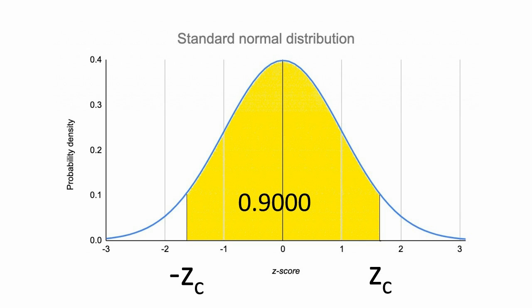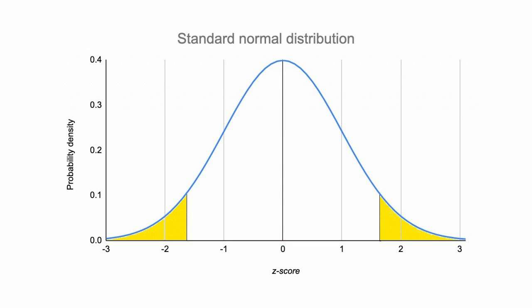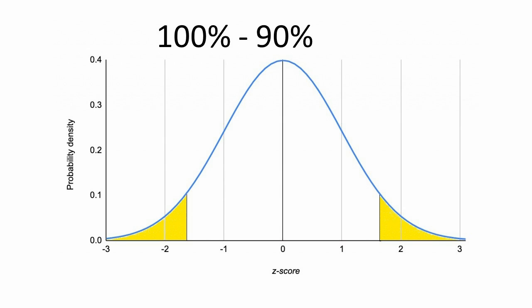Here's how you solve this. If, as in our example, 90% is in the middle, then what remains in the tails is 100% minus 90%, or 10%.